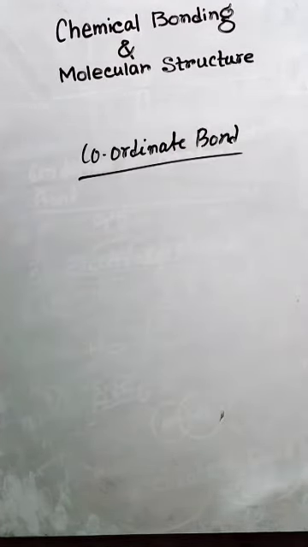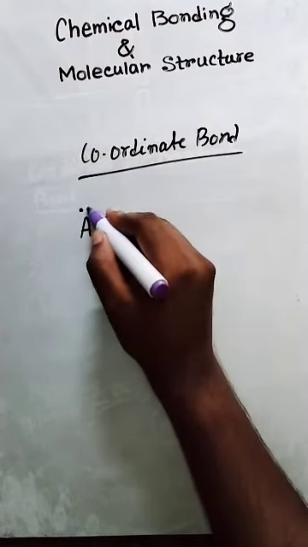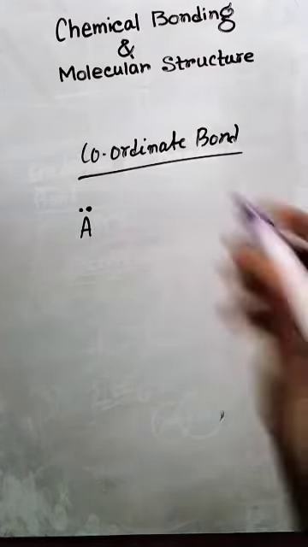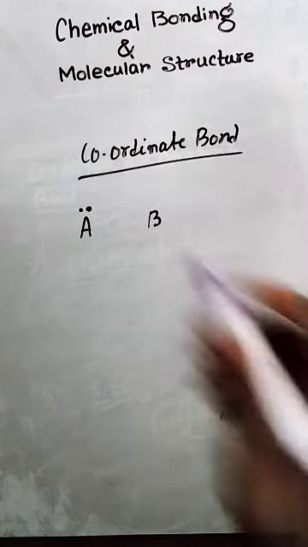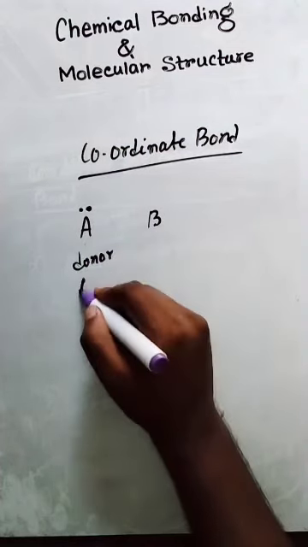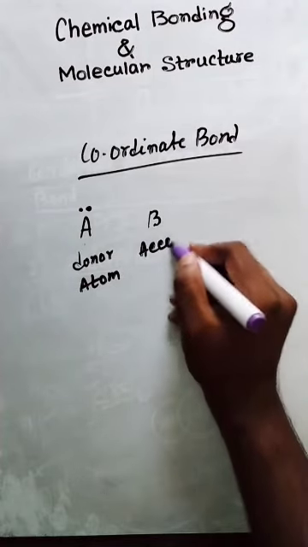Next one is coordinate bond. In the case of coordinate bond, it is like this. If atom A has two extra electrons in the valence shell, that is a lone pair of electrons, and if atom B becomes stable when it accepts electrons, then atom A acts like a donor atom and atom B acts like an acceptor atom.